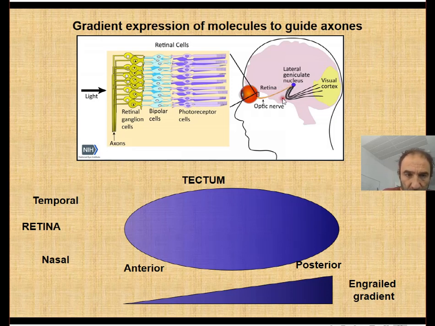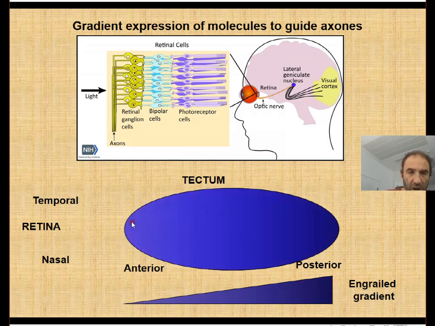And here is an abstract representation of this projection, where you have the retina, with the temporal and the nasal direction, and they are projected to the tectum along the anterior posterior axis, and this structure is actually labeled by this angle gradient.